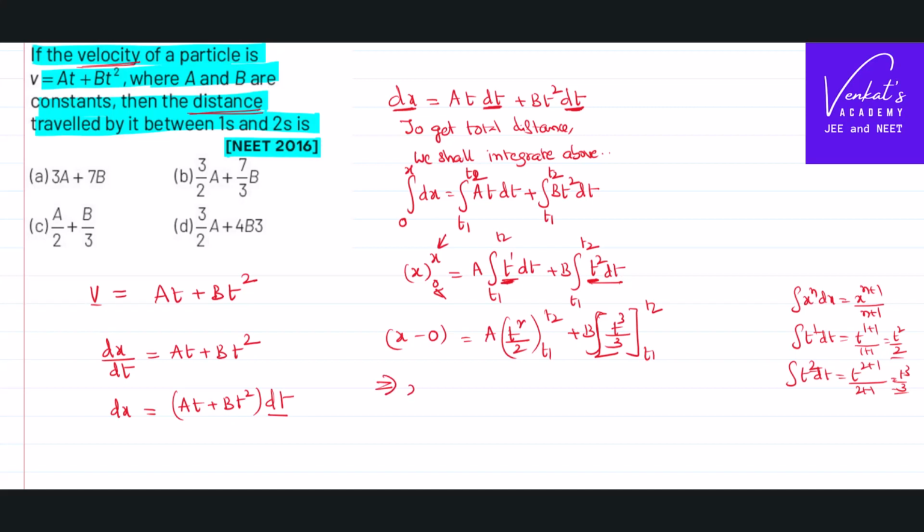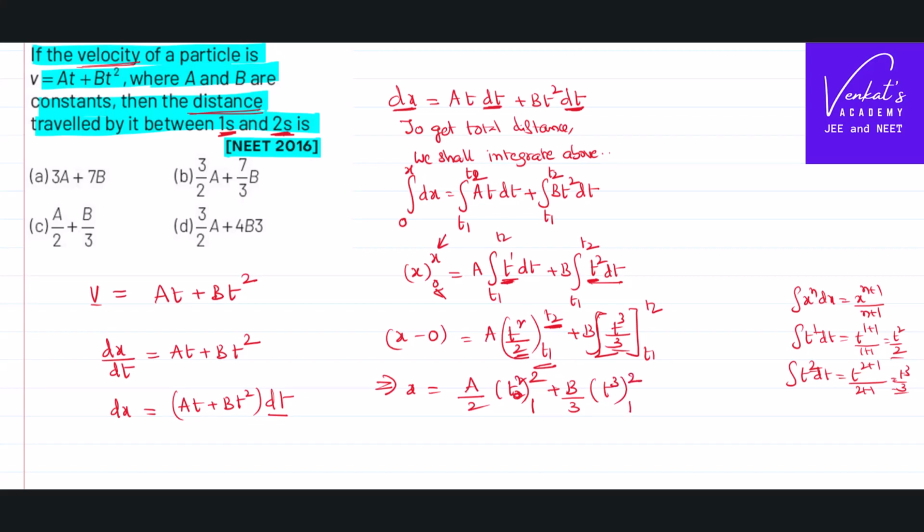That implies displacement x equal to a, I can get these two outside, t square. What are the values of t1 and t2 given here? Lower limit is 1 second, upper limit is 2 seconds. That is from 1 second to 2 seconds. b, I can get 3 outside, t cube, whose time interval is 1 to 2 seconds.